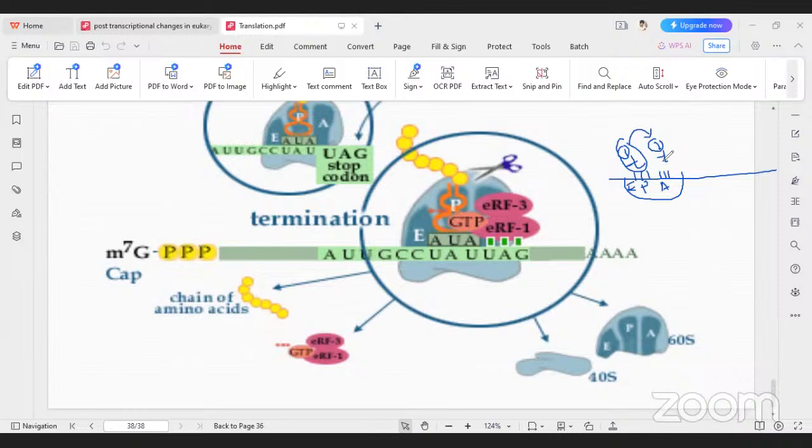Later this tRNA is shifted to the P site, and this translocates to the A site.